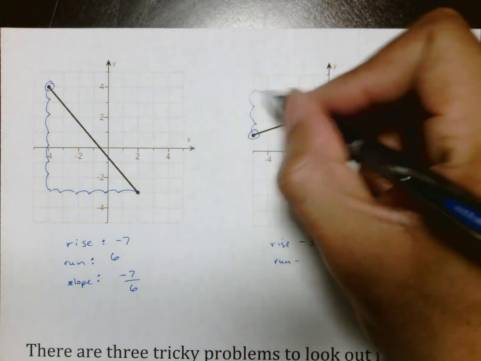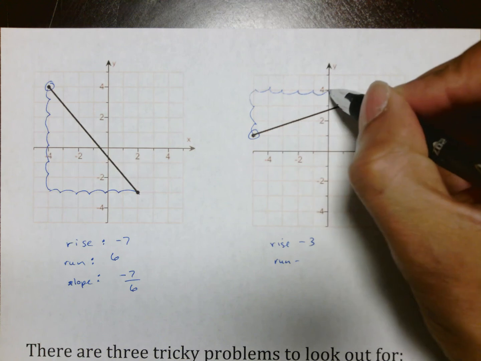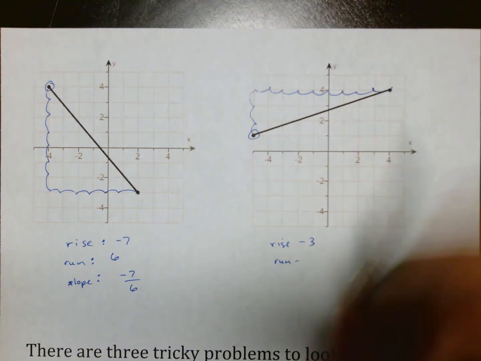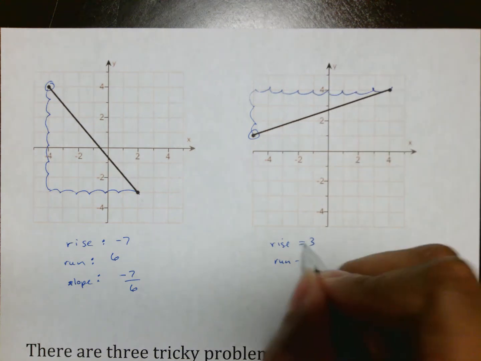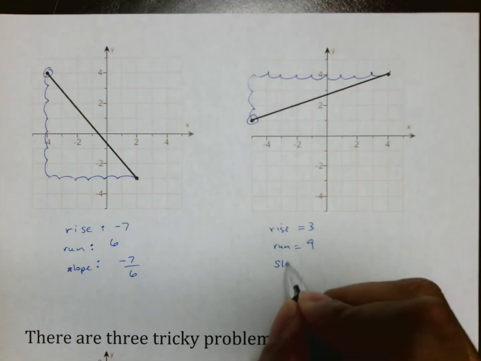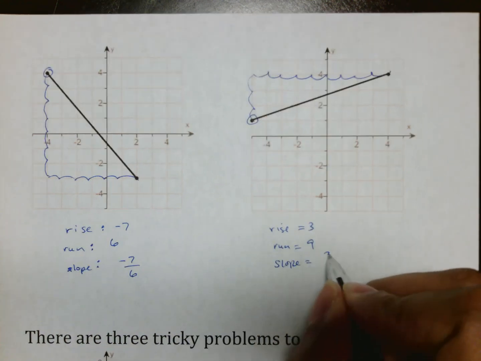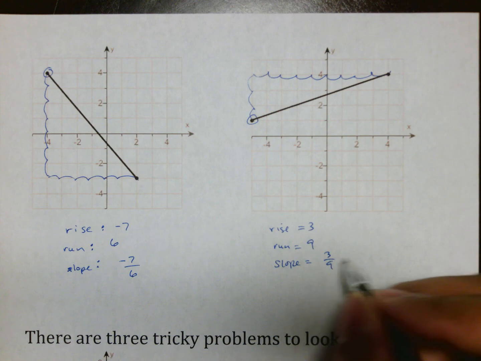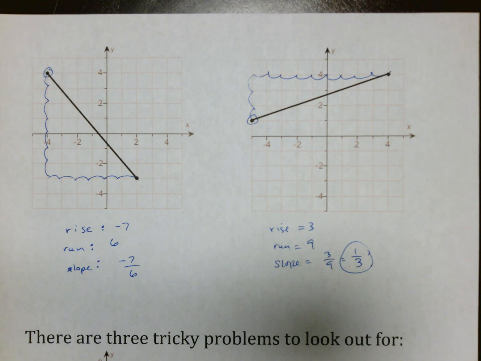Your run is 1, 2, 3, 4, 5, 6, 7, 8, 9. Let's put equals so we don't confuse it for a negative. And your slope is 3 over 9, but of course you won't want to put 3 over 9 because it'll mark you wrong. You need to reduce or simplify your fractions. That'll be 1/3.